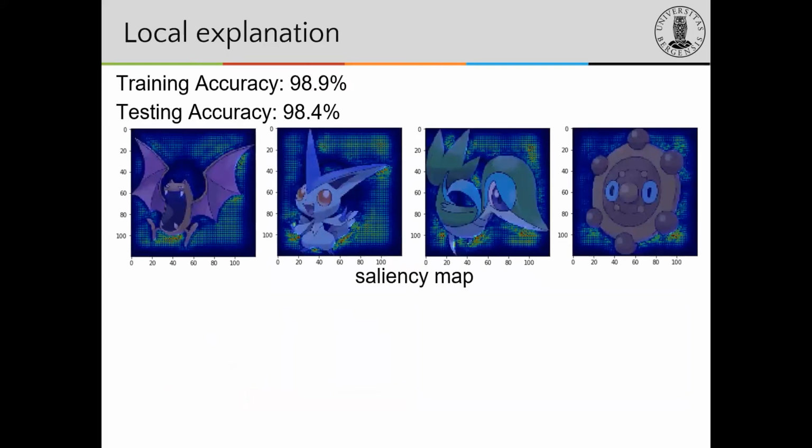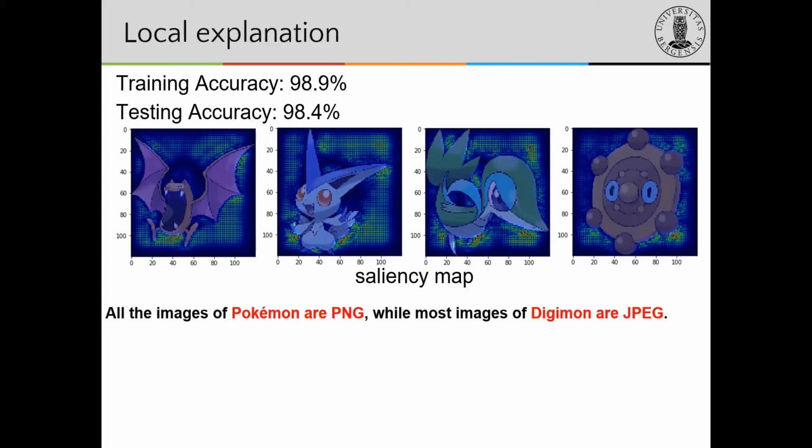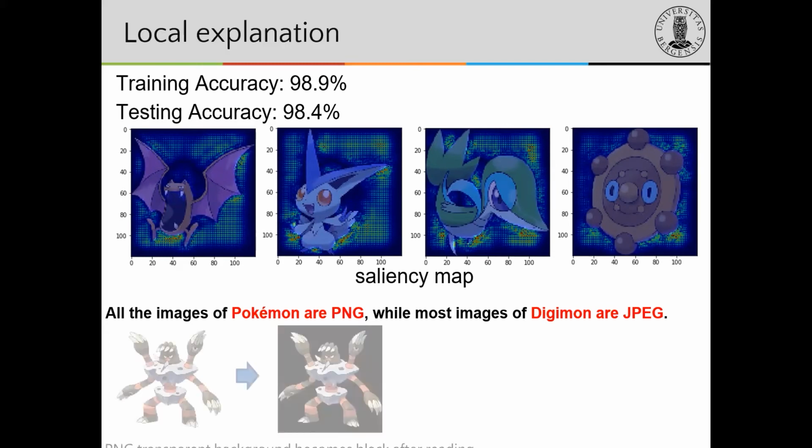If we look at the background, all the high salience, all the high gradients, are on the background instead of the animals, right? This means the network only looks at the background to know whether it is Pokemon or Digimon. This is totally not how we want the network to behave. What's the reason behind it? Afterwards, we figured out that all the Pokemon images are PNG and all the Digimon images are JPEG.